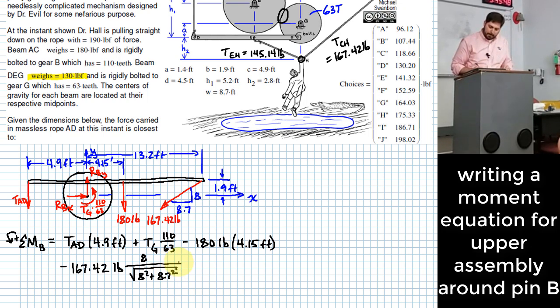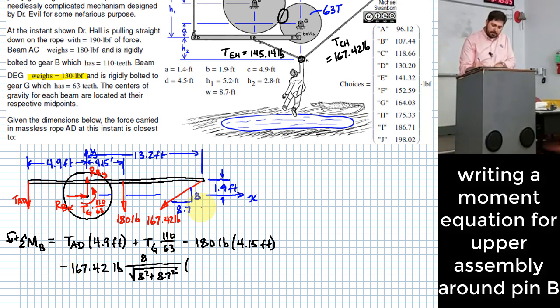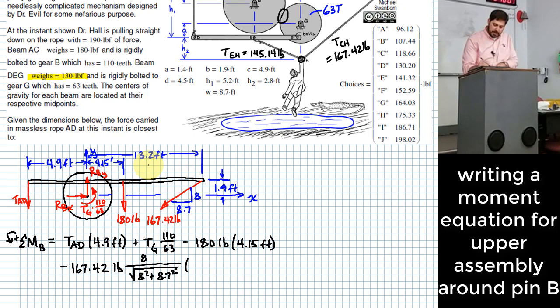Multiplied by what? Because I need a length also, right? I picked off the vertical component of the force. That component is going to be a clockwise tendency to rotate, which is why I've got the negative, but I need a length to multiply that vertical component of force by. 13.2 feet.